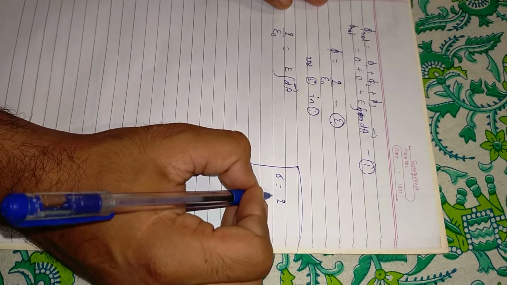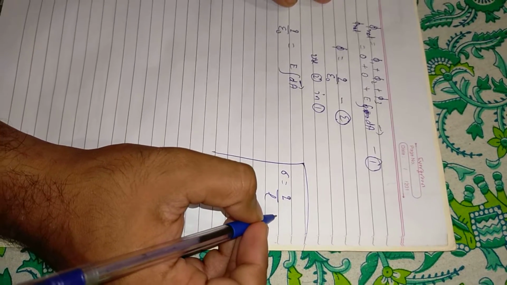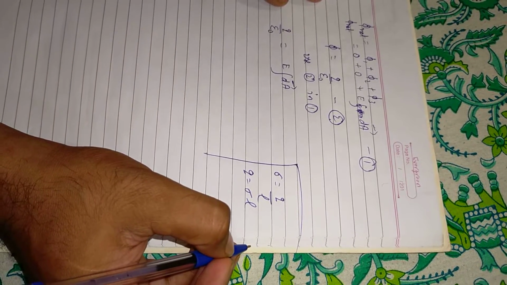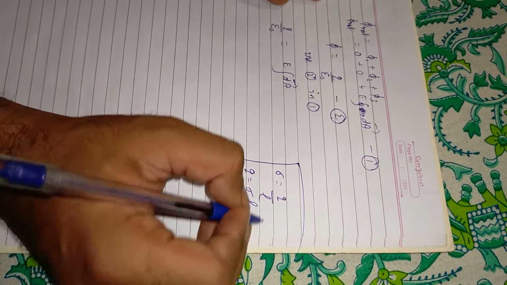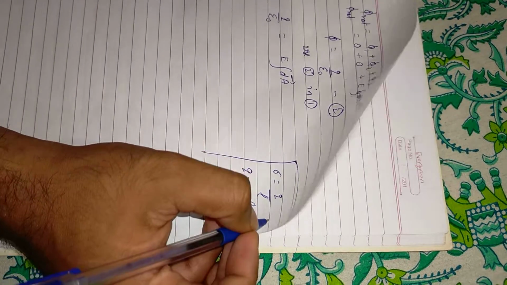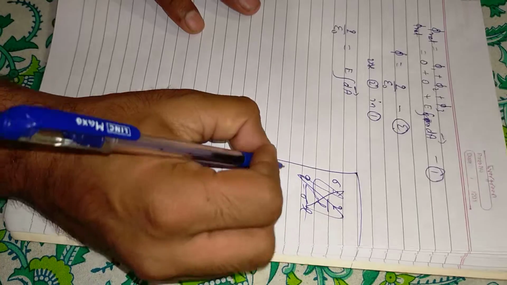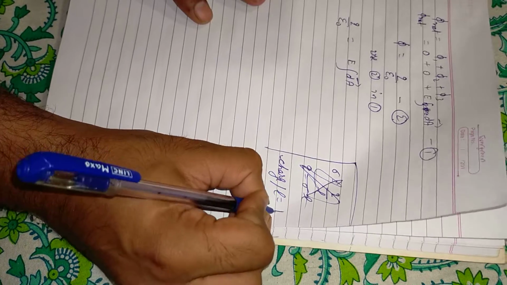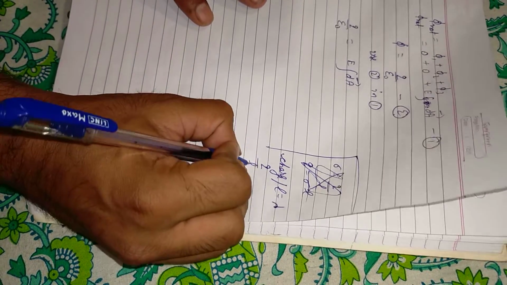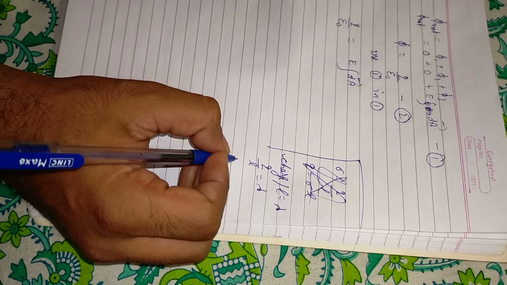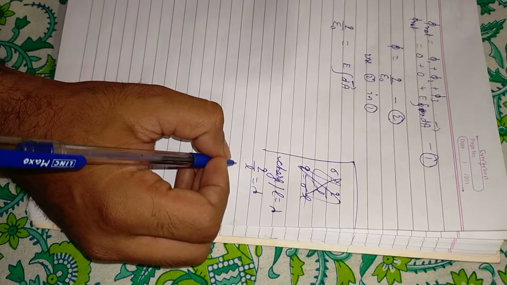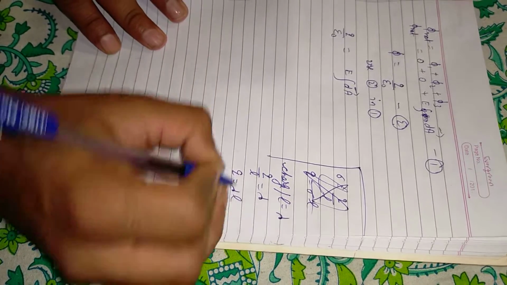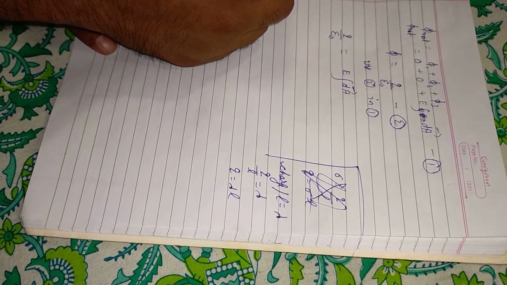Charge per unit length. You can write charge per unit length as lambda, meaning Q over L equals lambda. So the charge Q equals lambda L.